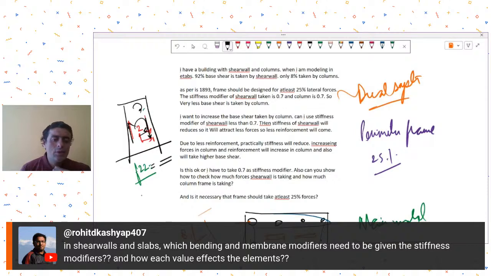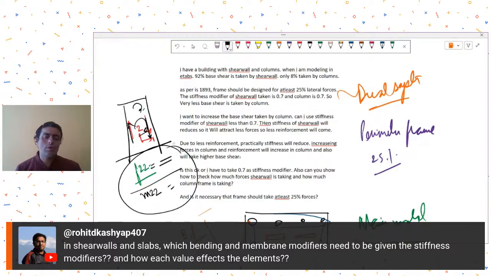And in addition, you can give the M22 modifier in shear walls, because the M22 modifier in a shear wall will be the vertical out of plane movement. So for moments, these two modifiers can be given for the in-plane and out of plane movements respectively.